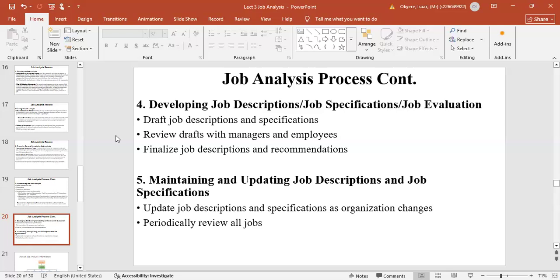The 5th step involves maintaining and updating the information that has been documented. As time goes on, you have to maintain or update the job descriptions, job specifications, and job evaluation that you have decided, or you upgrade them.